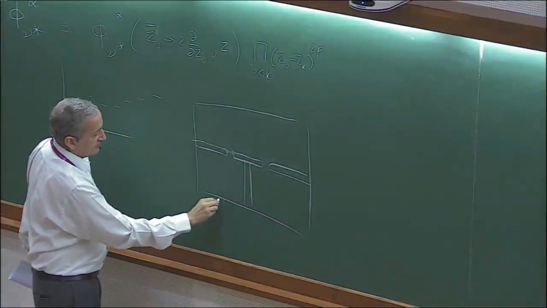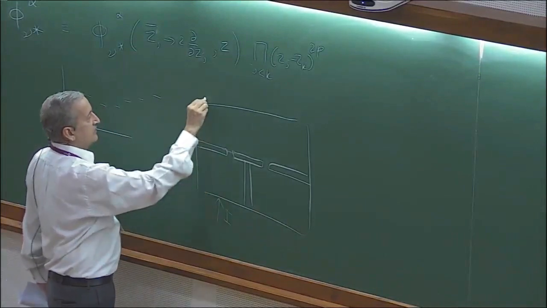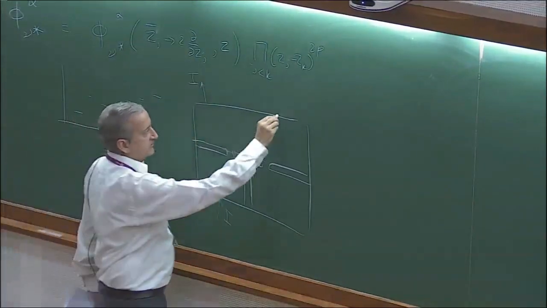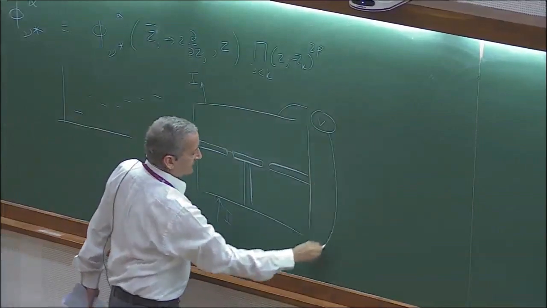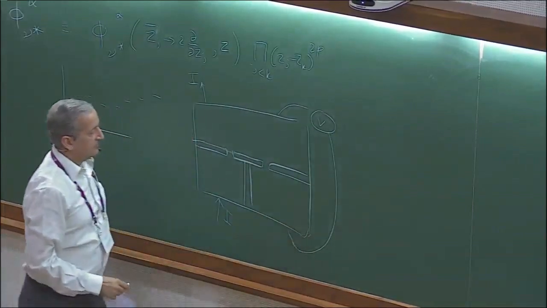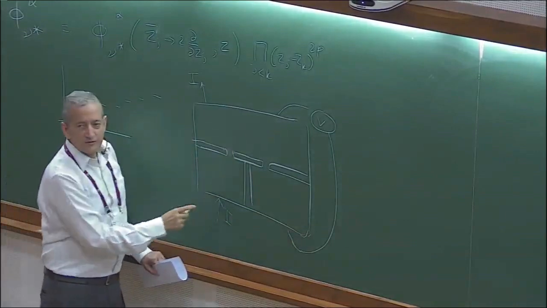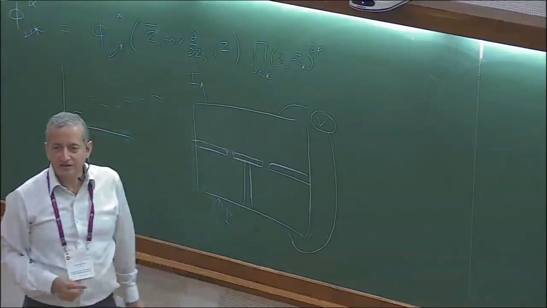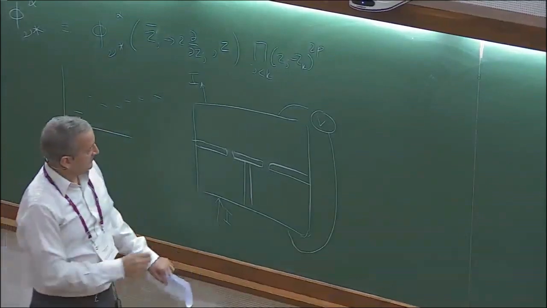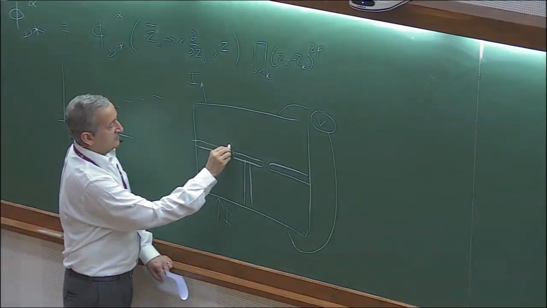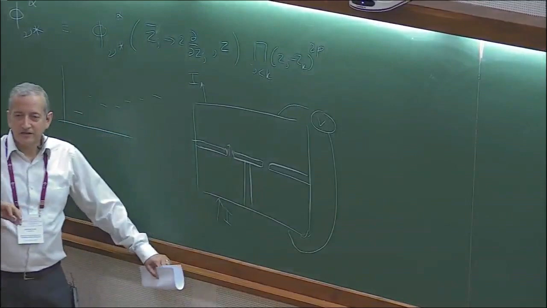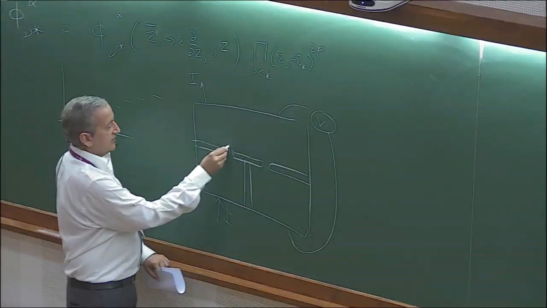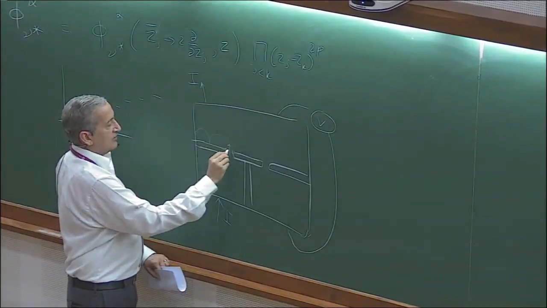let's say you have current flowing from here to here, and you measure voltage here. Okay? So something is carrying current, this object goes in here, and then because of the magnetic field, it's going to bend. And it could either bend this way, or it could bend this way.